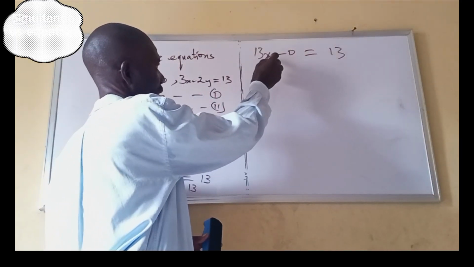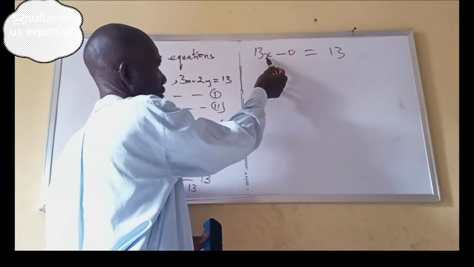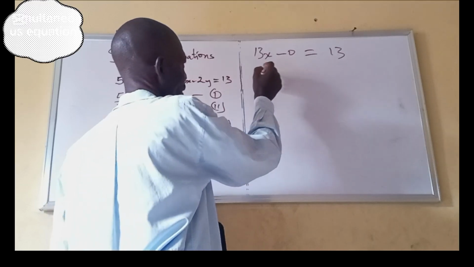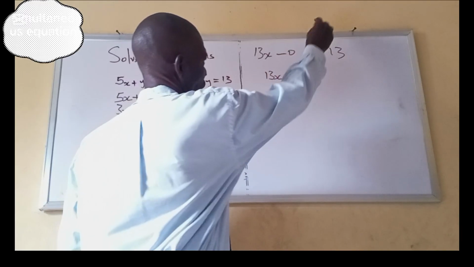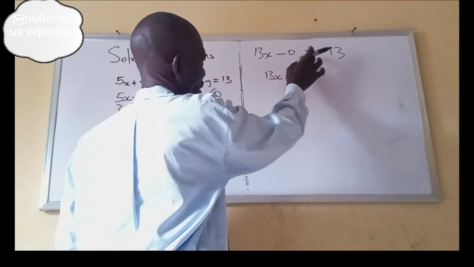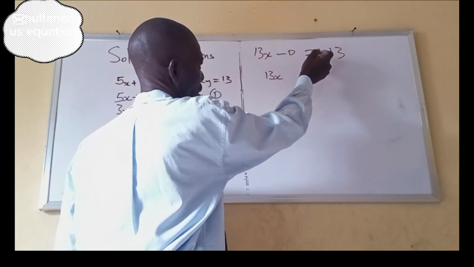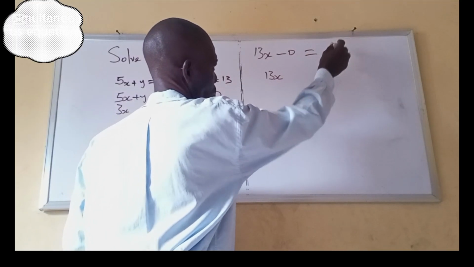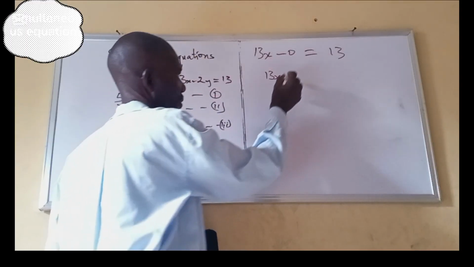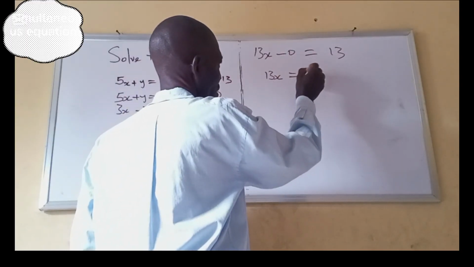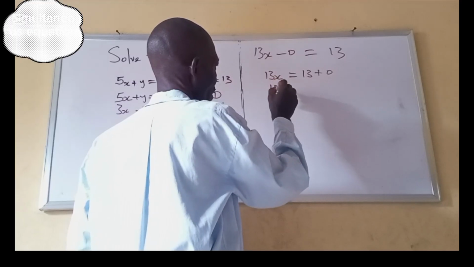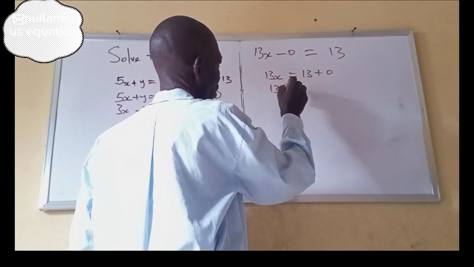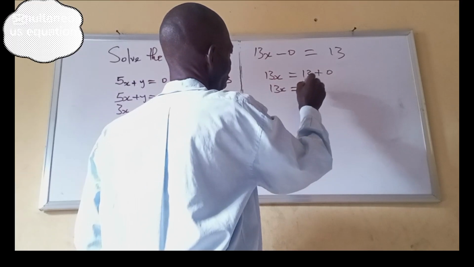It is this x that we want to find. So it's going to be 13x, and this minus 0 will cross to this side. When it crosses the equal sign, it turns to positive. 13x is equal to 13 plus 0. You have 13x is equal to 13.